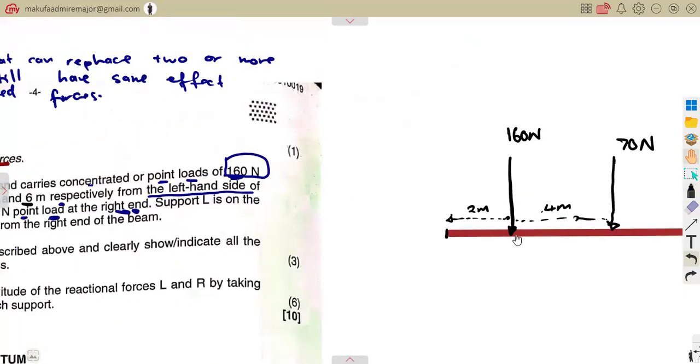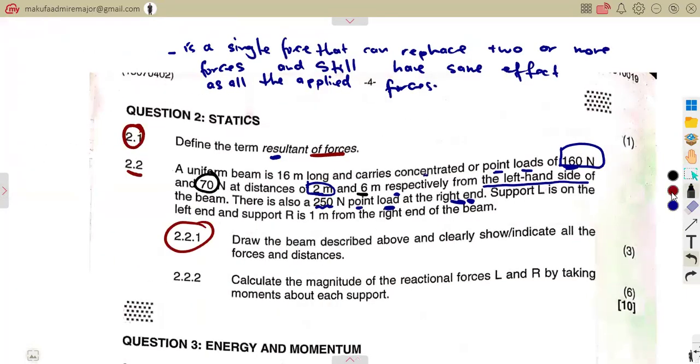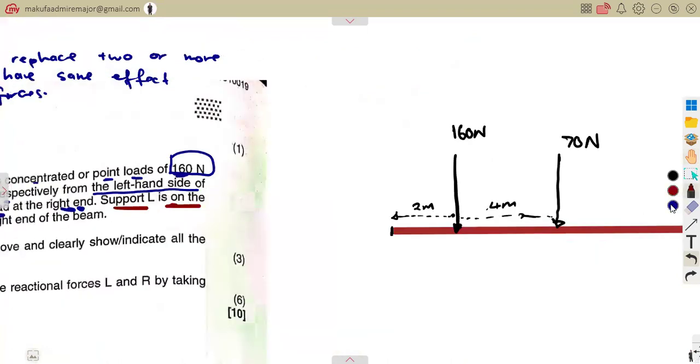Then we are given support L is on the left end. This is the left side. There is a support here. Remember, a support is going up. That's a support which is on the left end.